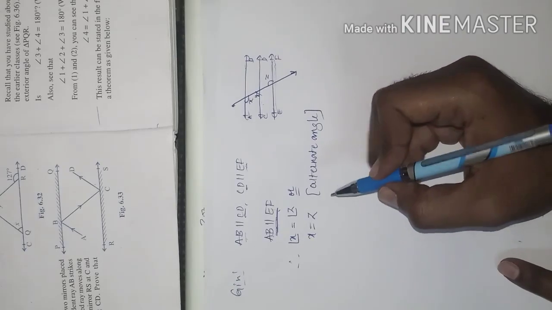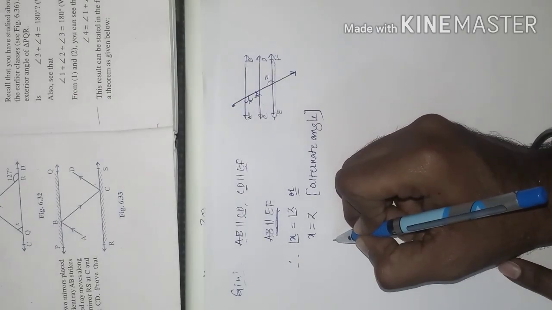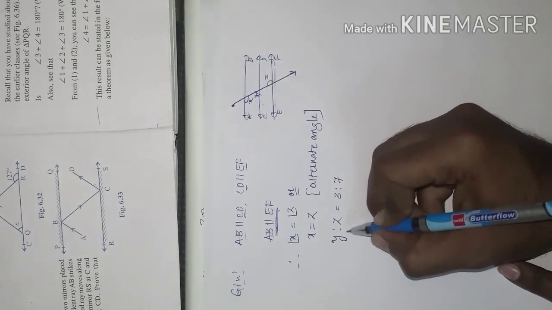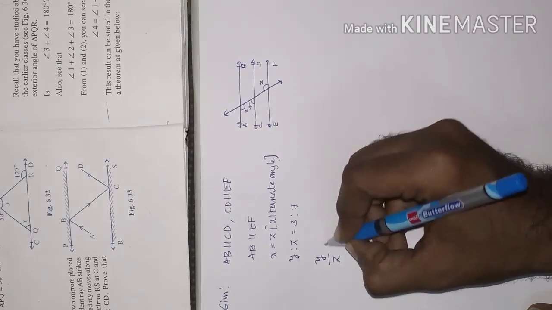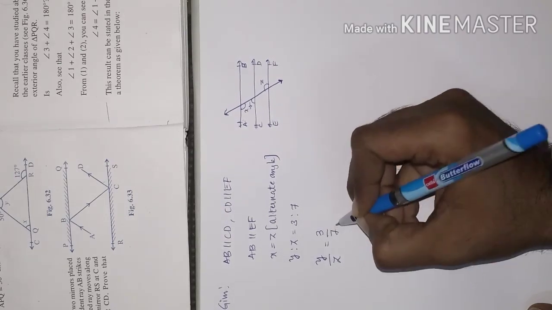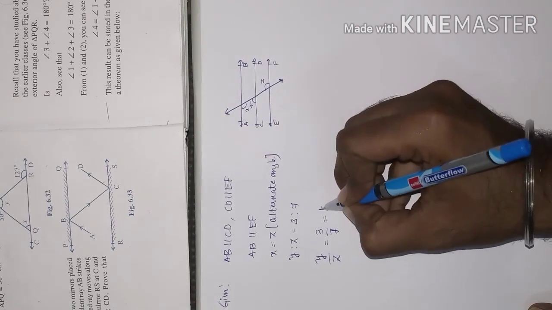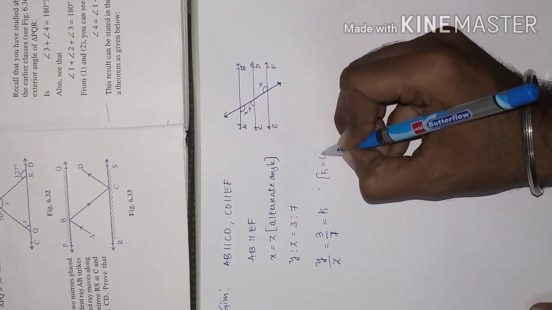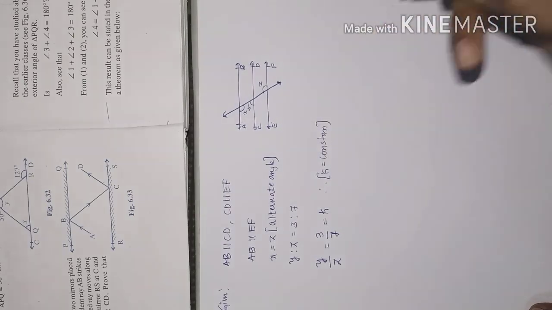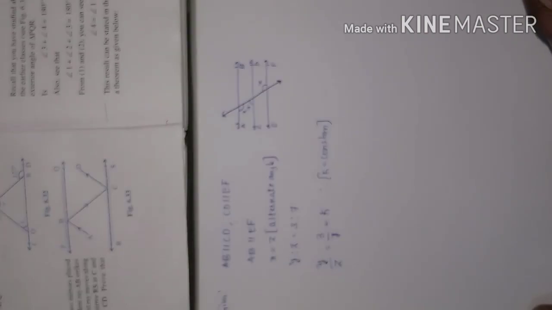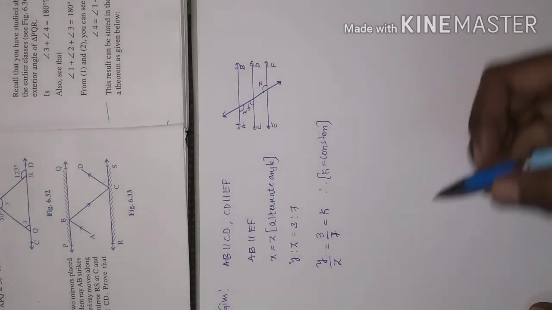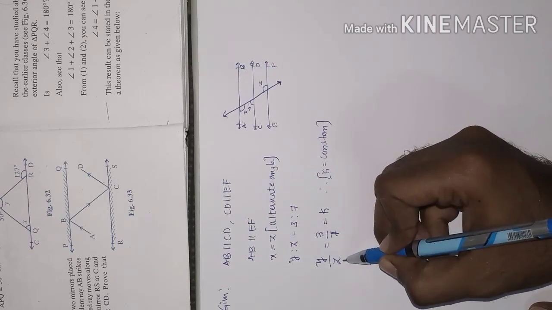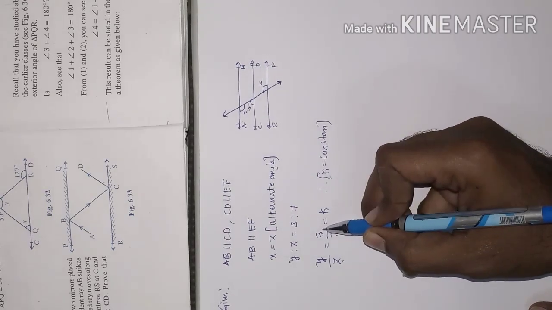Now we'll go with the ratio also. They gave the ratio y is to z equal to 3 is to 7. So the fraction y by z is equal to 3 by 7, which we will make equal to a constant, k. Why? Because when the ratio of proportions is converted into an equal sign, we have to represent it with a constant term. So now I will shift this 3 to the LHS of the denominator and this z to the RHS of the numerator.